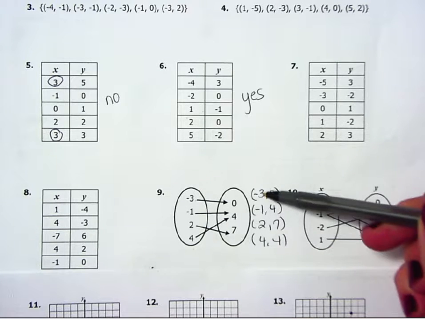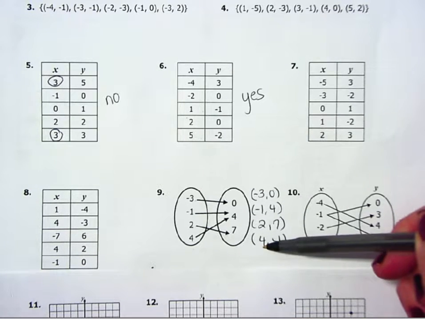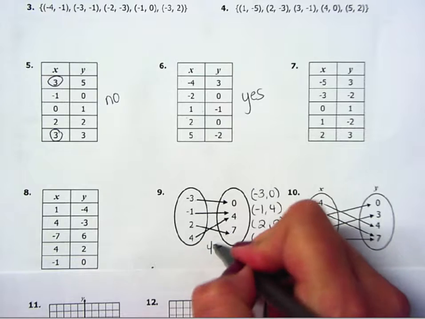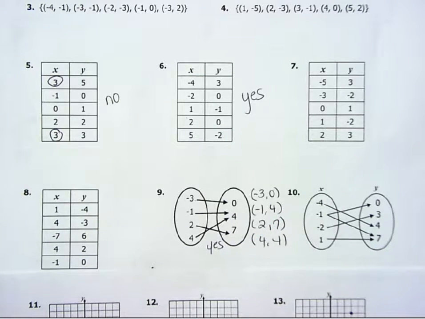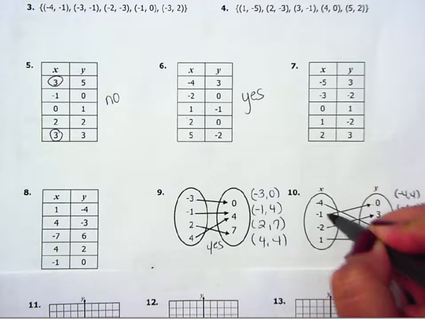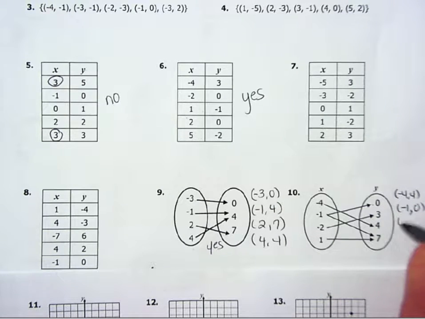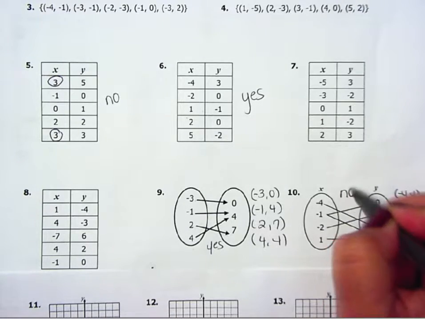When I scan through, the x values do not repeat, so this would be a function. In number 10, looking at the coordinates, I'd have (-4, 4), (-1, 0), and (-1, 7), and right there my x values repeat, so that one would not be a function.